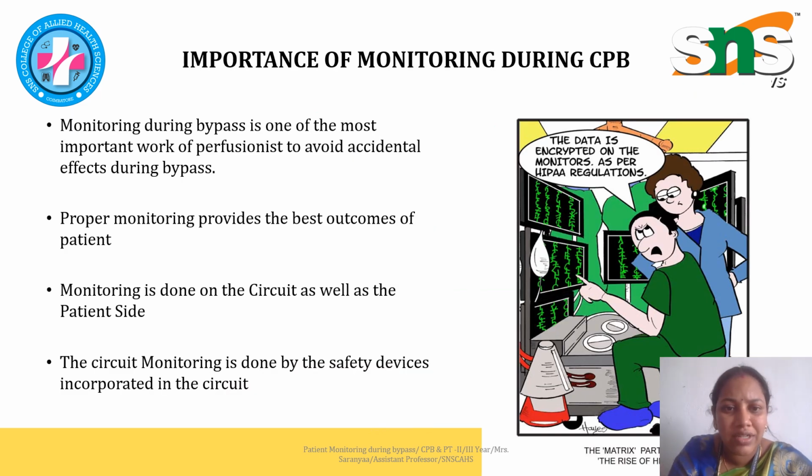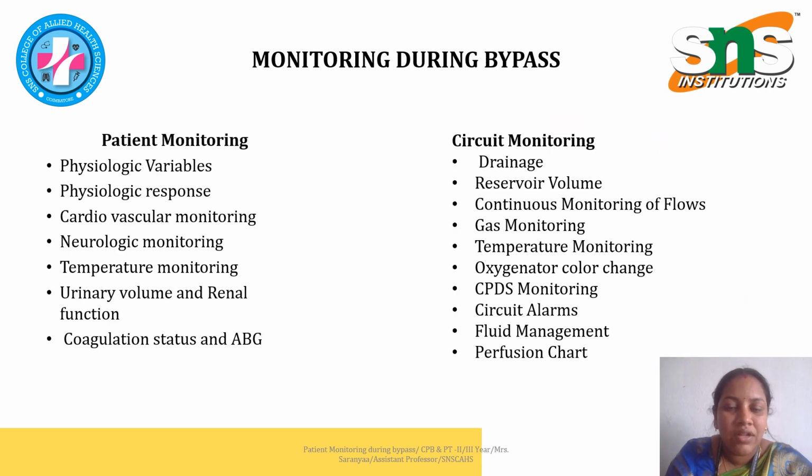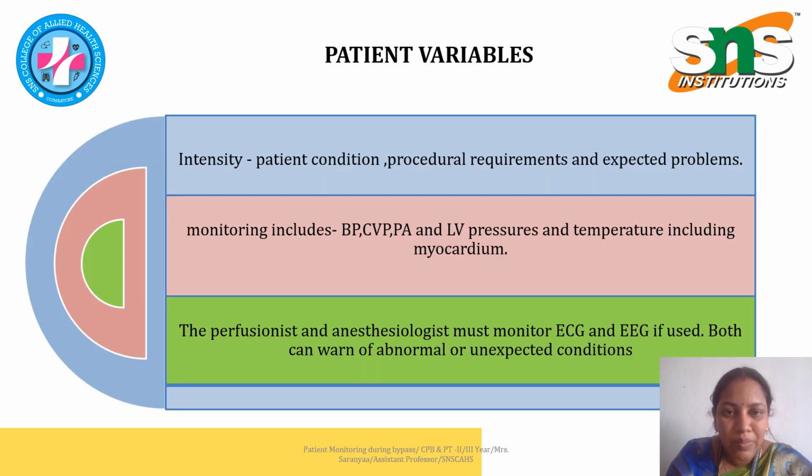So the importance of monitoring is to prevent the patient from getting worse and for a better outcome of the patient. Monitoring is based on two types: patient monitoring and circuit monitoring. We are seeing patient monitoring now. Patient variables depend upon the case and the requirements of the patient. Each patient differs in their body and in their hemodynamic status.